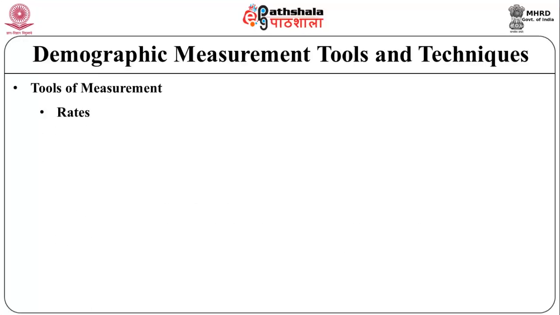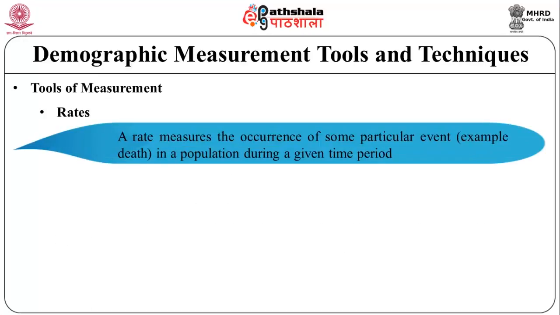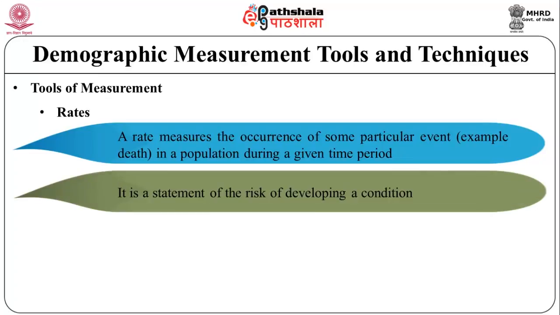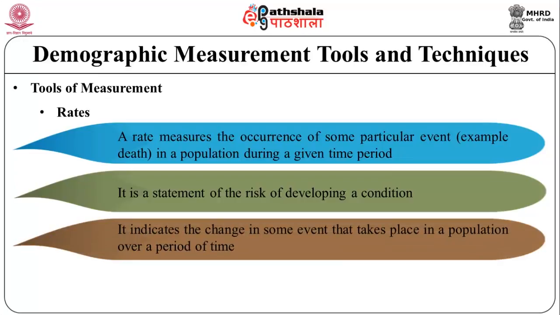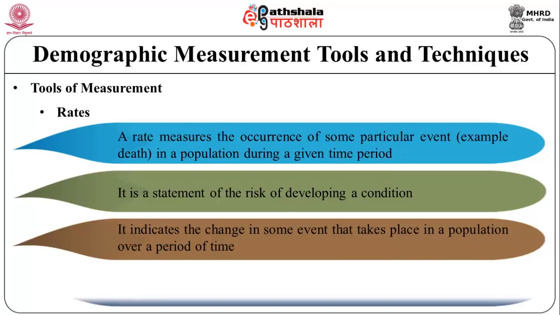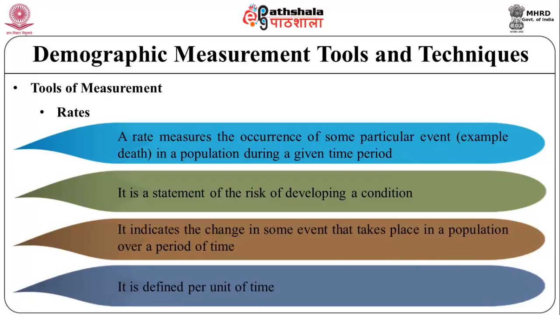Now we'll talk about rates. A rate measures the occurrence of some particular event, for example death, in a population during a given time frame or time period. It is a statement of the risk of developing a condition. It indicates the change in some event that takes place in a population over a period of time. It is defined per unit of time.